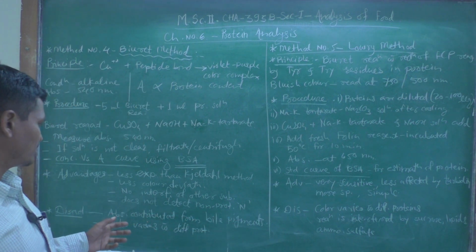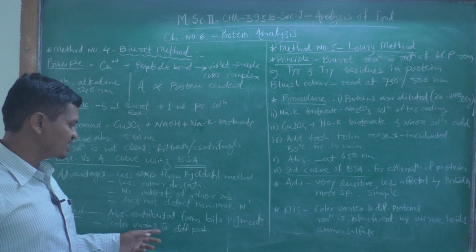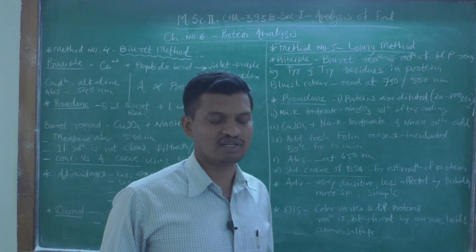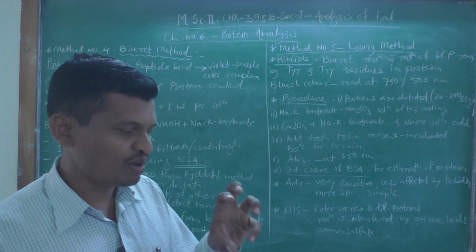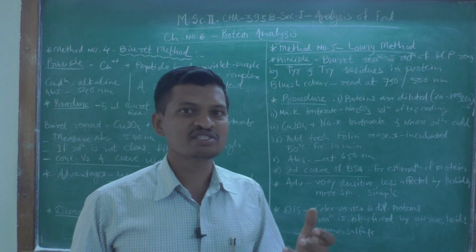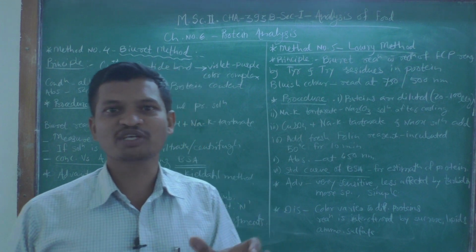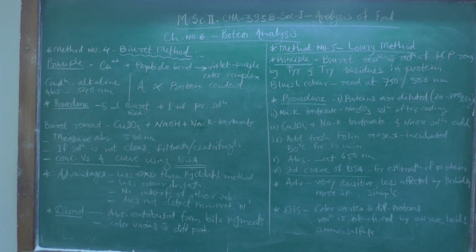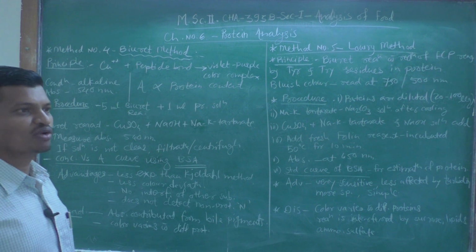This is one of the disadvantages. Another important disadvantage is that the color varies with different proteins: when the protein type changes, the color formation of the complex also changes. So this is about the fourth method, the biuret method, for the protein analysis of the food sample.